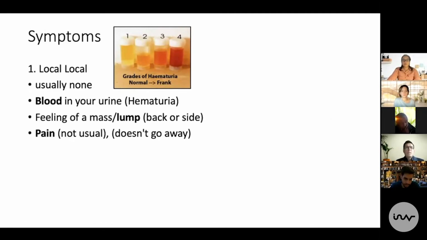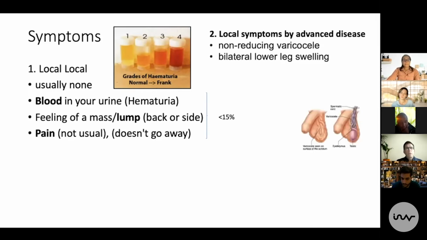Feeling of a mass or a lump in the back or pain that doesn't go away are also typical symptoms of renal cancer. However, this typical clinical triad appears in less than 10 to 15% of renal cancer patients, and usually only in advanced cancer.